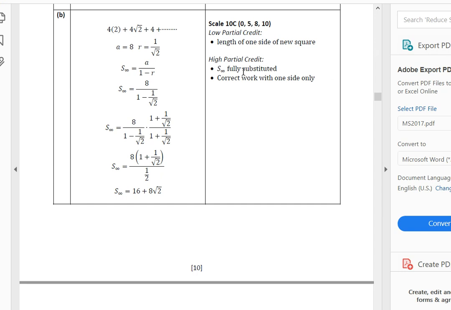High partial credit, so 80% for the question. Sum to infinity, correctly. Fully substituted, correct work with one side only.